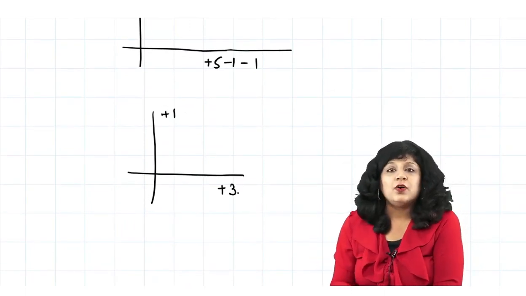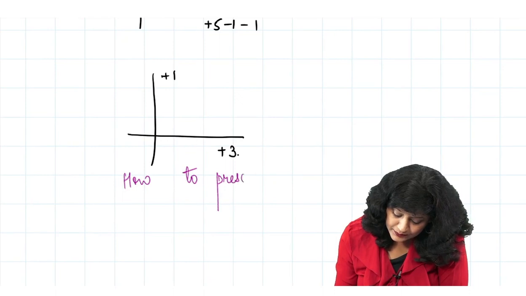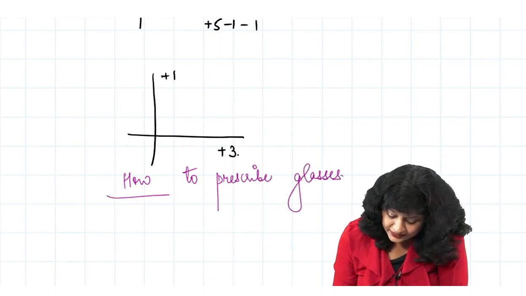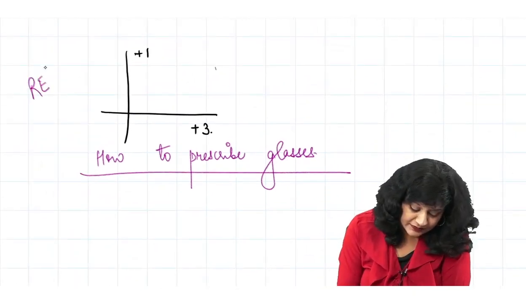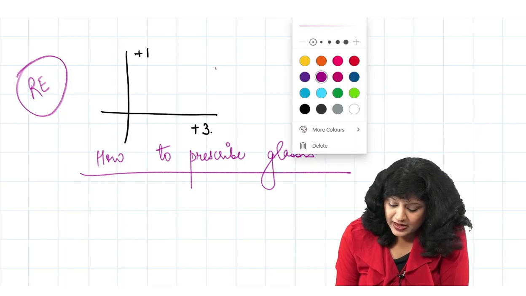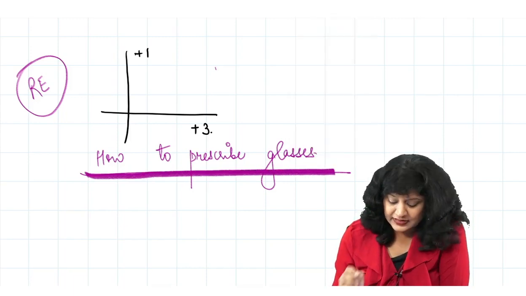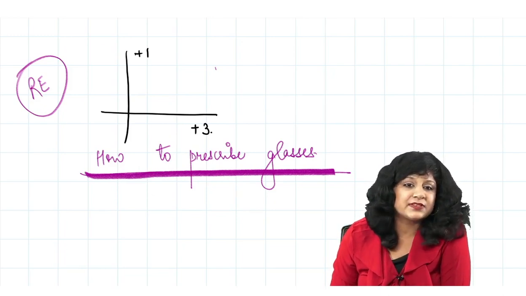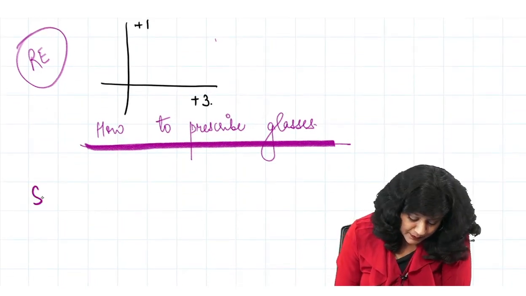Now we will learn how to prescribe the glasses. Suppose a person has these retinoscopic findings, we have calculated the refractive error also, and now we have to see what prescription of glasses I can give. There are certain steps that you have to follow. What is step number 1?